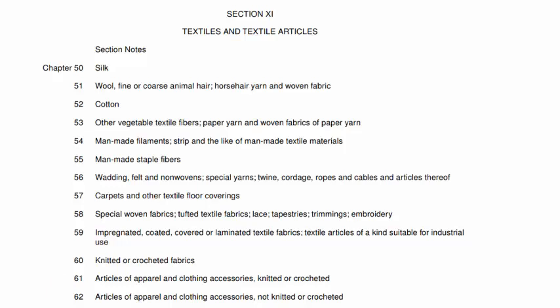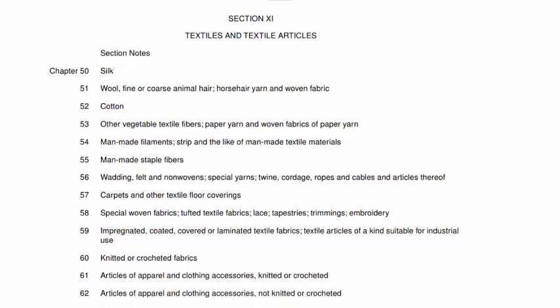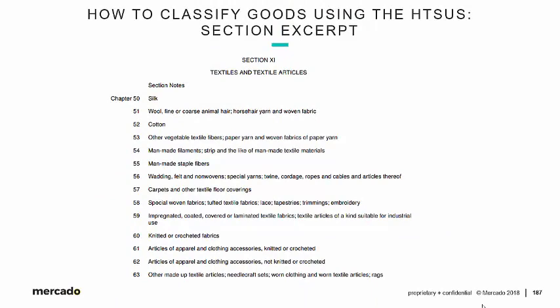If we look above that, in Chapter 61, we will see articles of apparel and clothing accessories that are knitted or crocheted, and there is a big difference between the two from a classification and a customs duty perspective. When we're looking to classify jeans, we can start in Section 11, look down the chapters. We're dealing with cotton denim jeans. That would be Chapter 62. We'll talk more about that in just a bit.